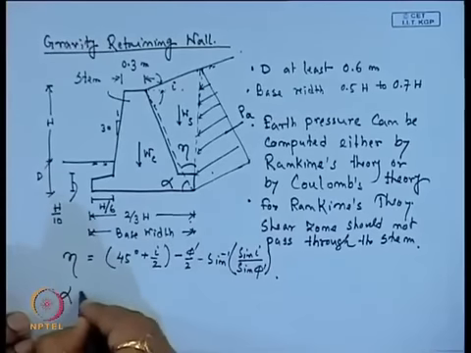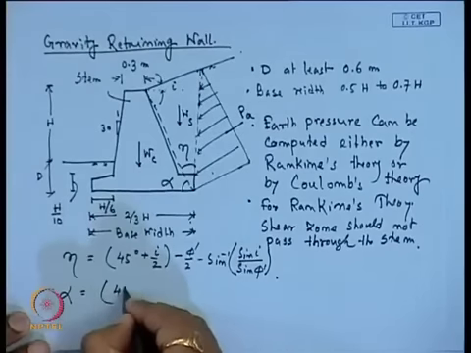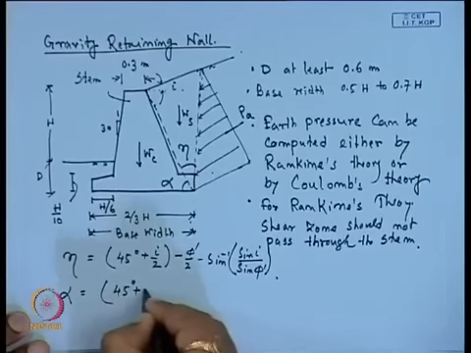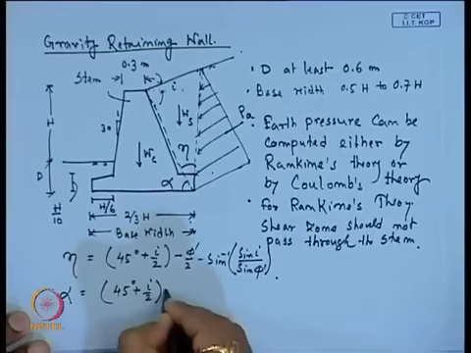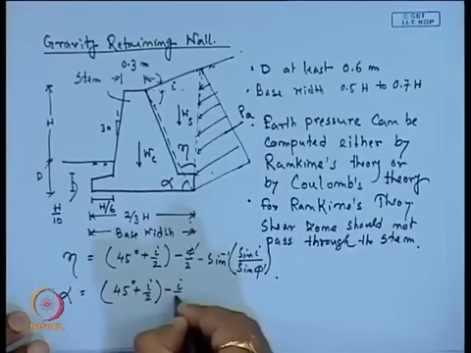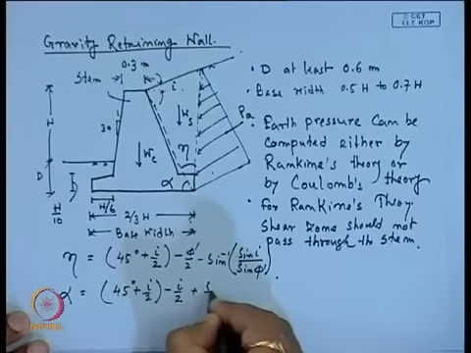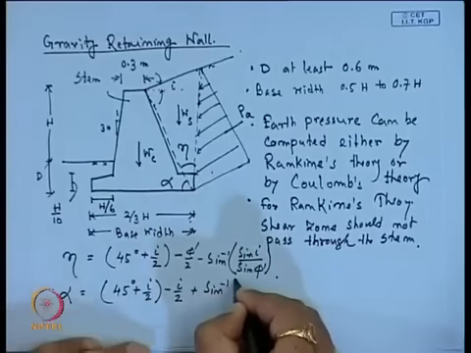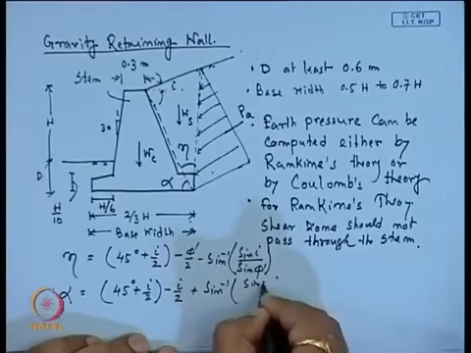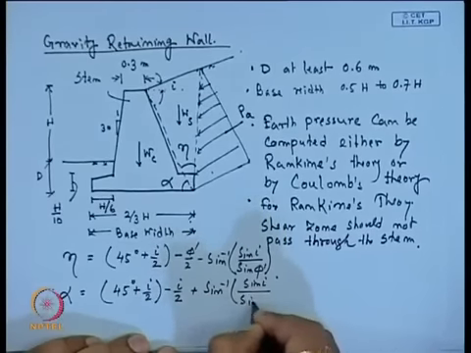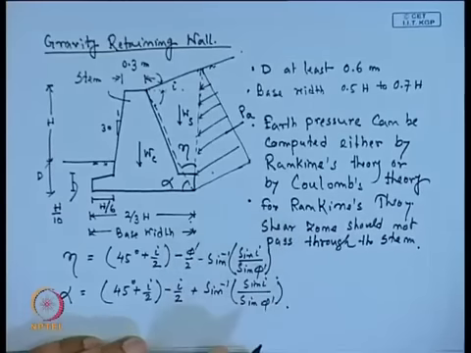Similarly, alpha is equal to 45 degree plus I by 2 minus I by 2 plus sin inverse of sin I divided by sin phi dash.